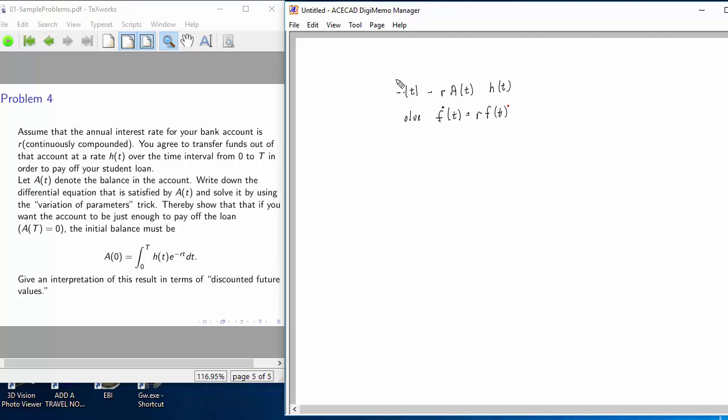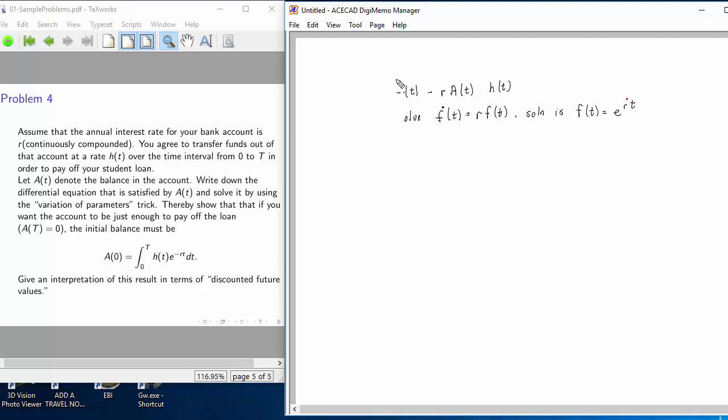You figure out what would happen if you never took any money out of the account. Any solution to this equation will do, so I will use the solution f of t is equal to e to the rt. Any multiple of that will work equally well.